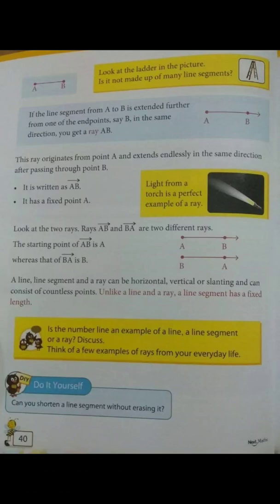Yes, it's called a ray. If the line segment from A to B is extended further from one of the endpoints, say B, in the same direction, you get a ray AB.